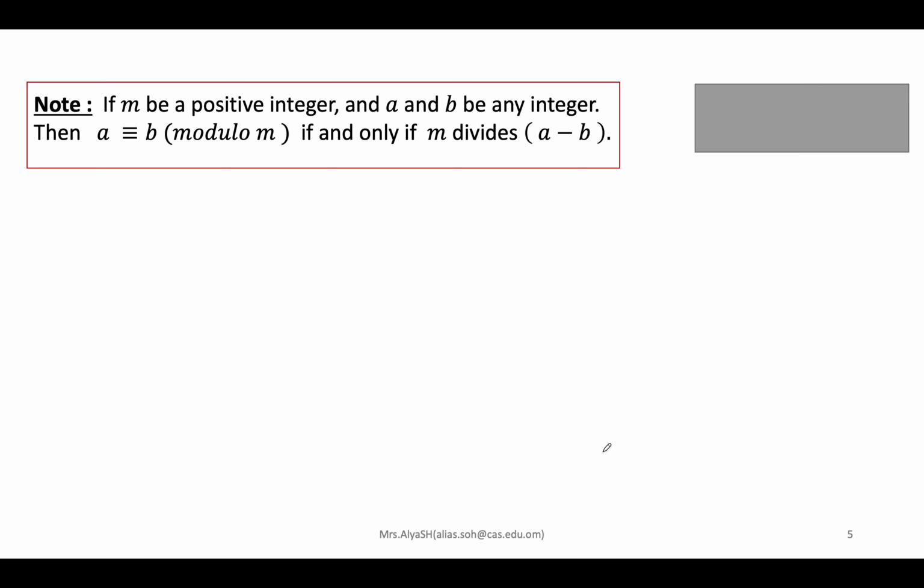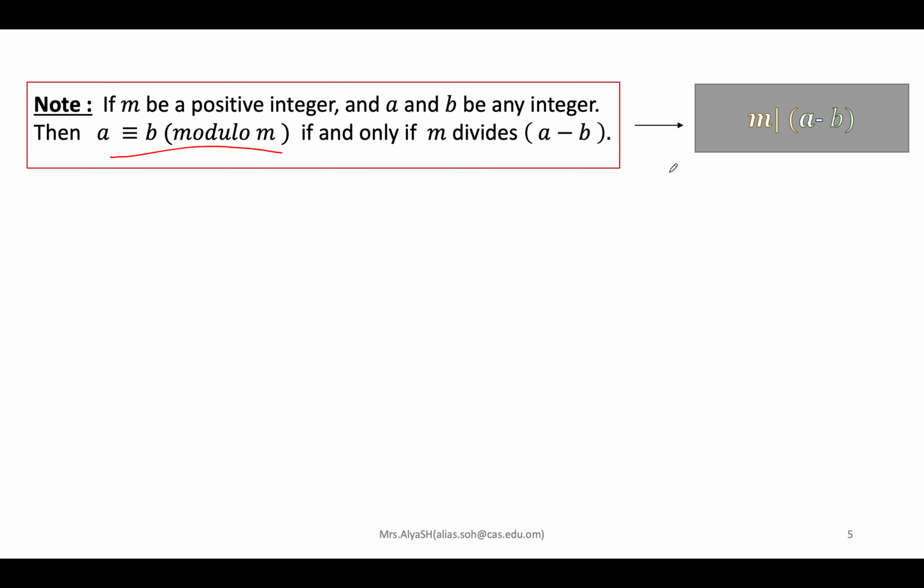All right, okay. We have another condition. If it's met by A, B and M, then we can say that they are congruent to each other. And this condition is: A is congruent to B mod M if and only if M divides A minus B. What do we mean by M divides A minus B?